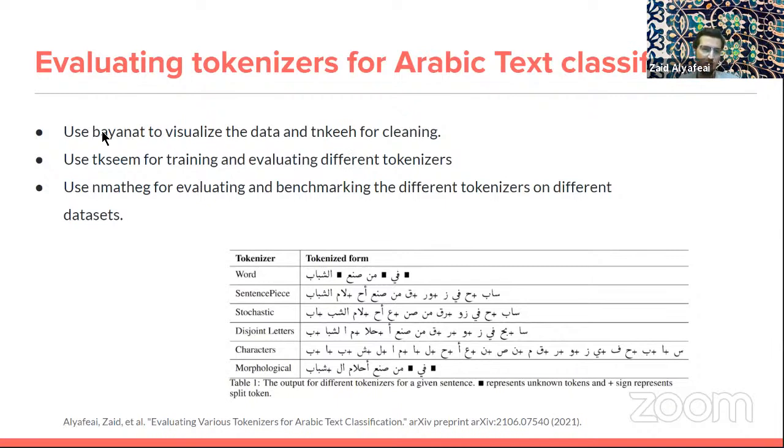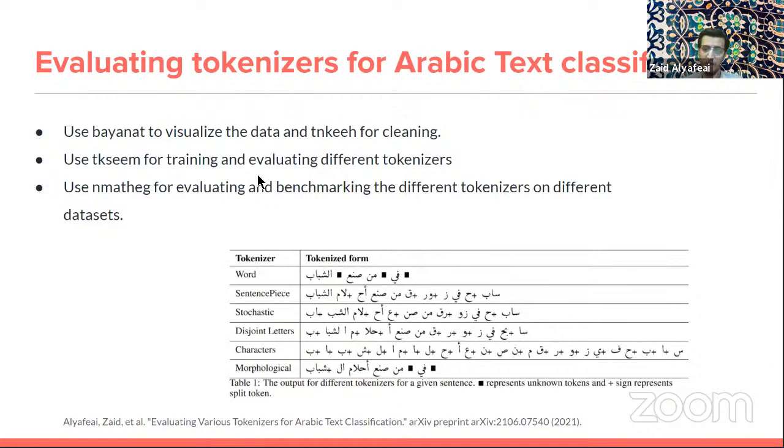First we use Bayanat to visualize the data, and then we use Tnkeeh for cleaning. Then we use Tkseem for the different tokenizers. And finally, we use Nmatheg for evaluating and benchmarking the different tokenizers on different datasets.